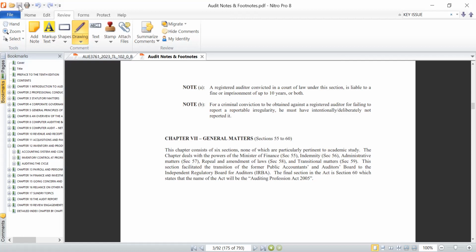So say the company is performing poorly, and you tell the shareholders, look, according to our opinion as auditors, this company is doing very well.